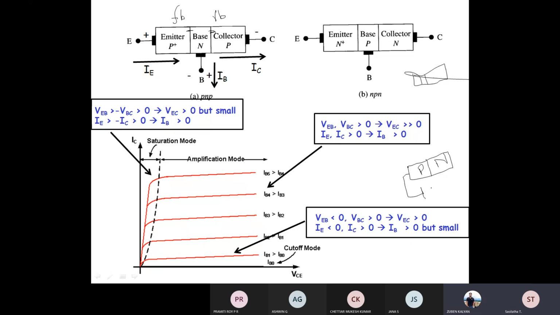One is positive, another one is negative. So connect the positive of the battery to P type, then connect the negative of the battery to N type. This is called forward bias.